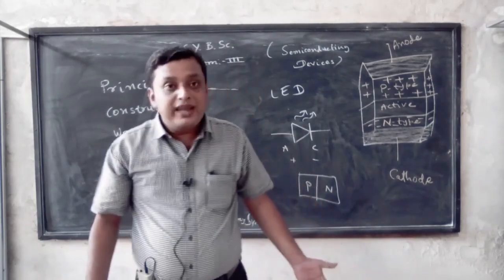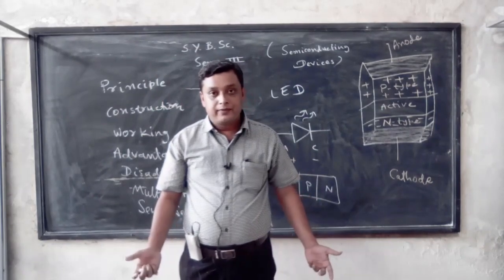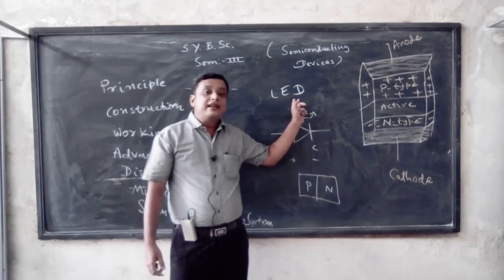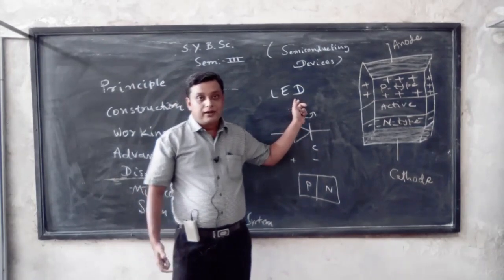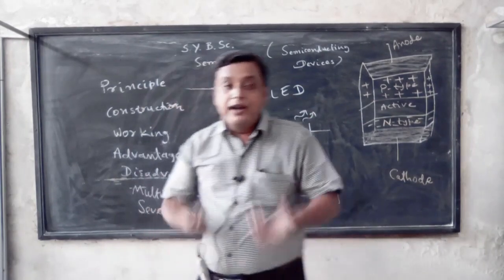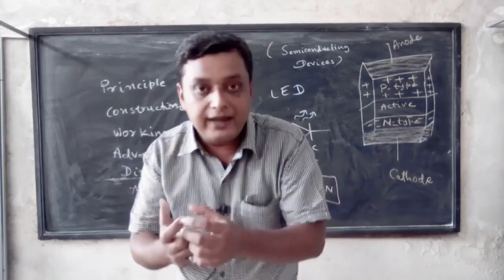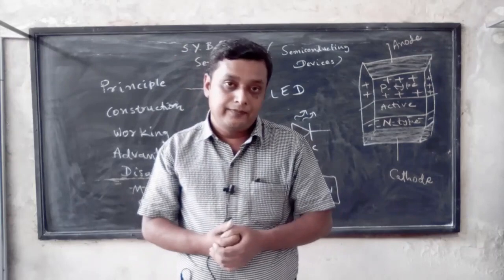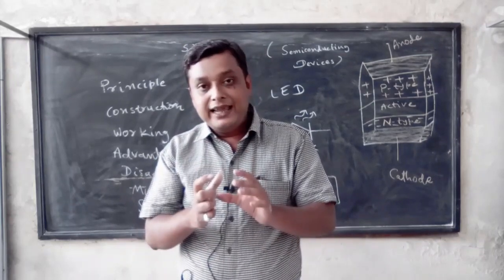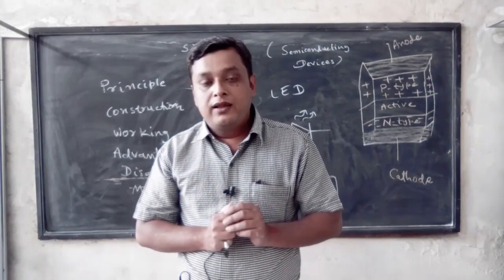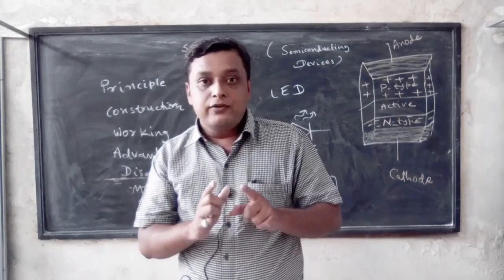Why am I talking about the conservation of energy? Because light emitting diode is one type of transducer. Transducer means one form of the energy can be converted to another form of the energy with the help of a transducer. LED is used to convert electrical energy to light energy.